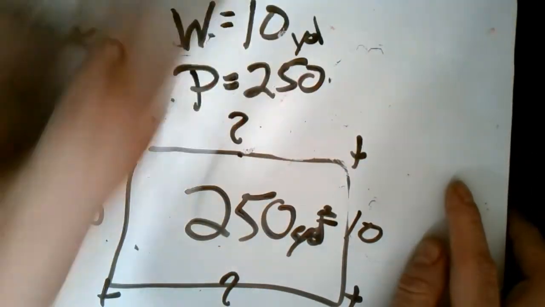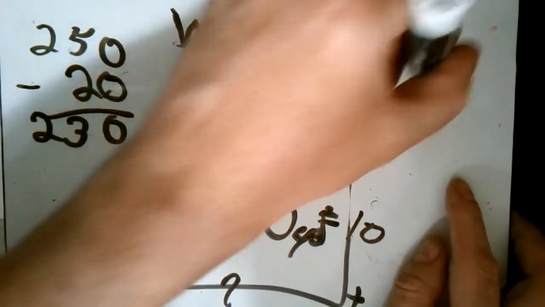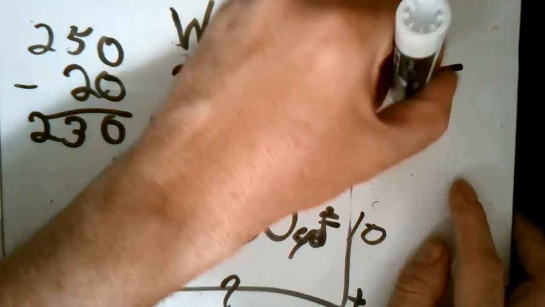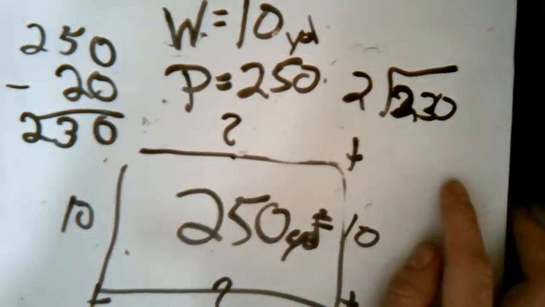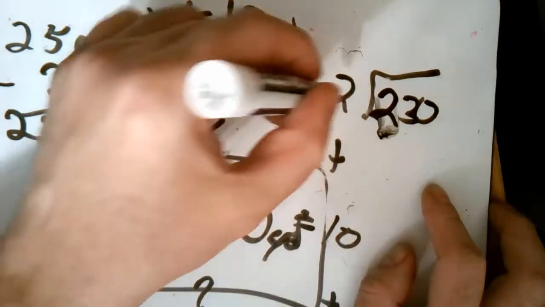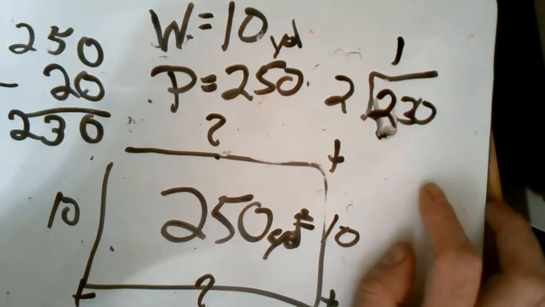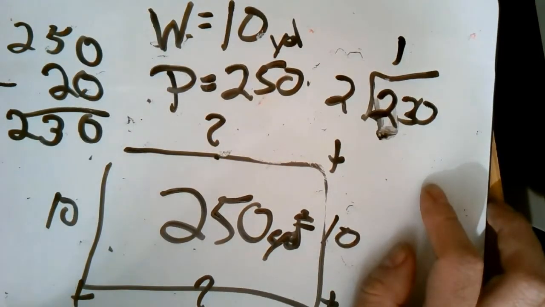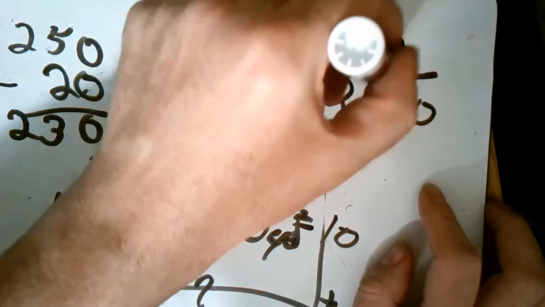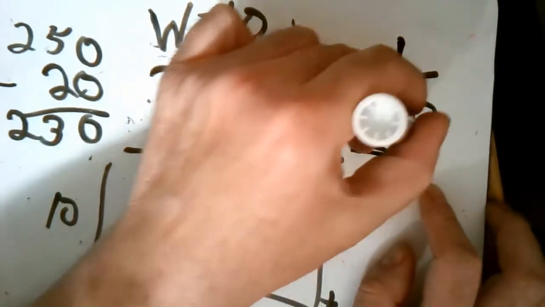So I'm going to divide by what? By 2. This is what we got to work on. I'm going to put a video up here too about that. 230. I got to write that 2 better, sorry. 2 goes into 2 one time. Parents, if you're watching with them, this is important. Some are struggling with simple division like this. 1 times 2 is 2.